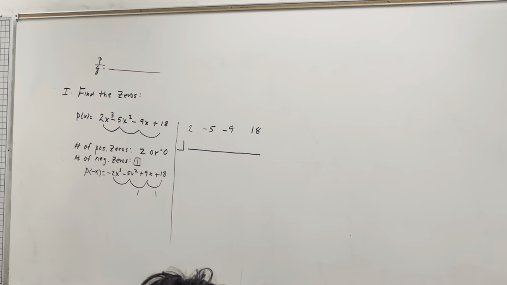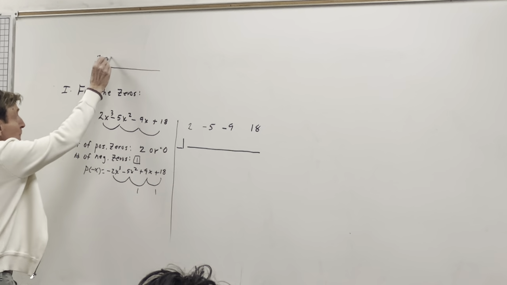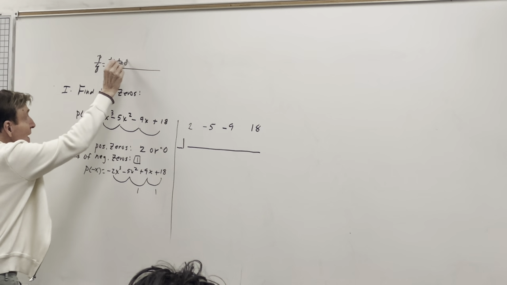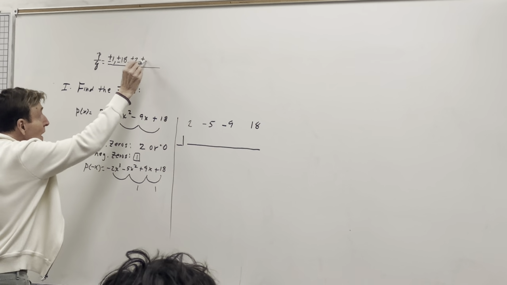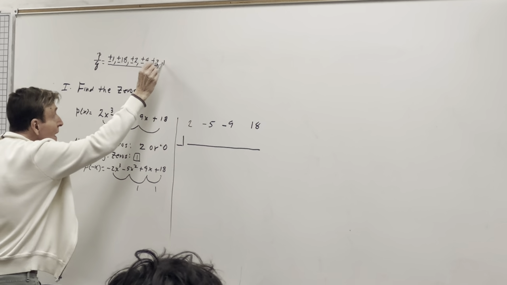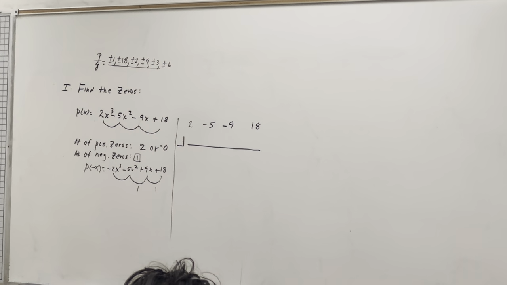The p represents what? Factors of my constant term, 18. And I like to write it like this. These are factors of 18. And do not let me leave anything out. I think that's it.